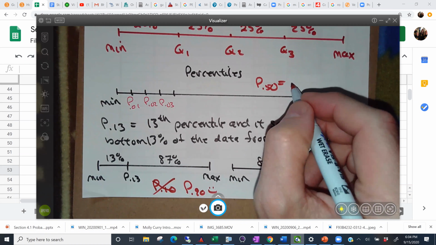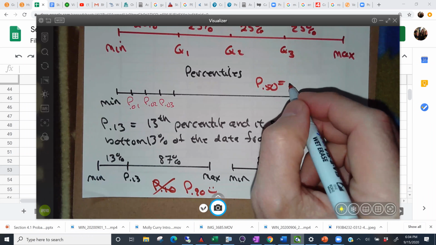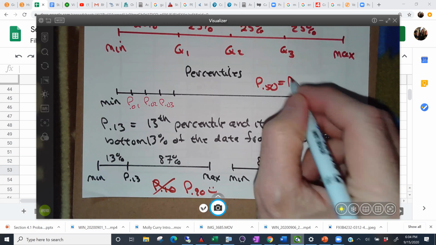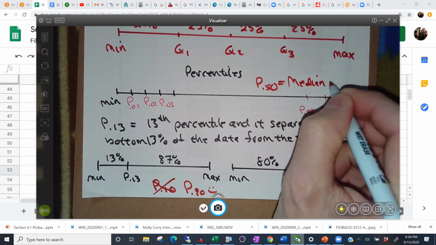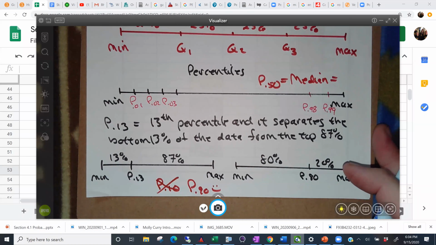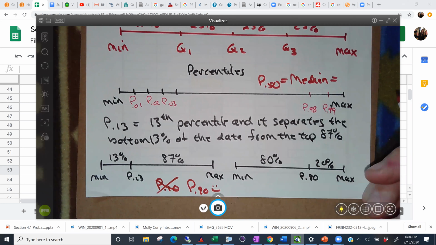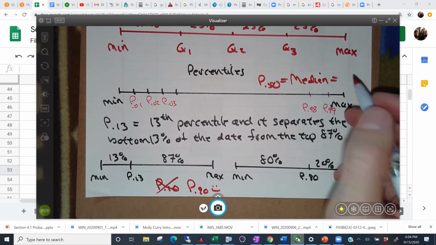Midpoint. Okay, but in our stat class, the midpoint had what name? Median. There you go, median. There's one more that I can think of as well. In fact, it's right on your screen right now. What's the other name for median or 50th percentile? Q2. Q2.